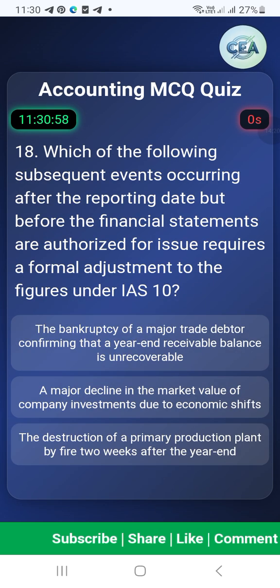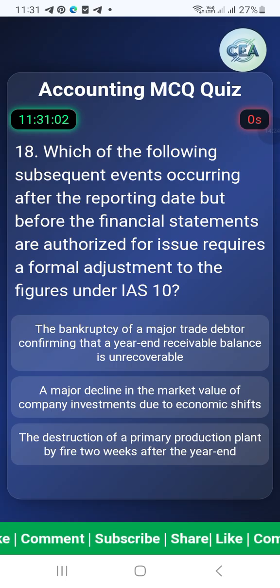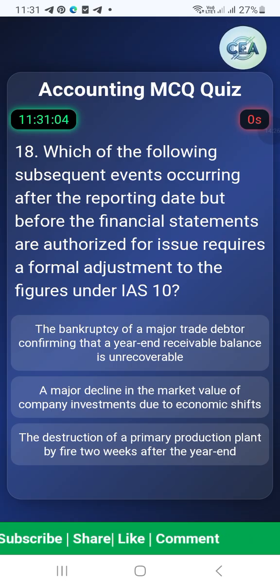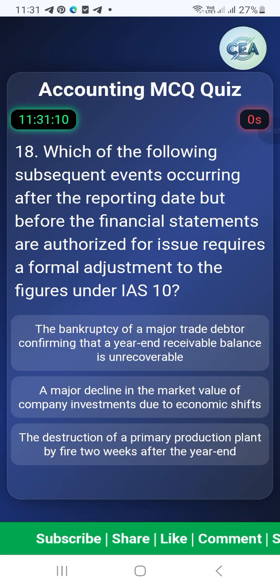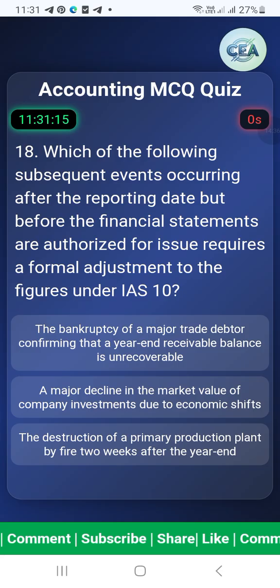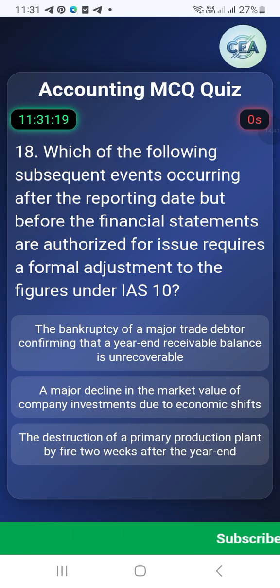18. Which of the following subsequent events occurring after the reporting date but before the financial statements are authorized for issue requires a formal adjustment to the figures under IAS 10? Option 1. The bankruptcy of a major trade debtor confirming that a year-end receivable balance is unrecoverable. Option 2.